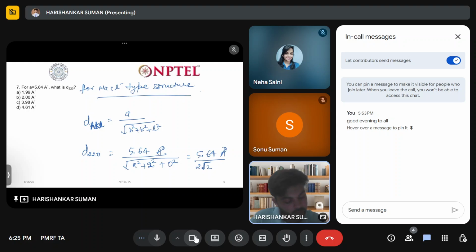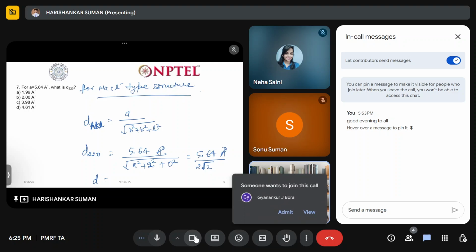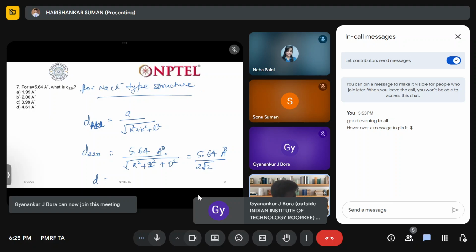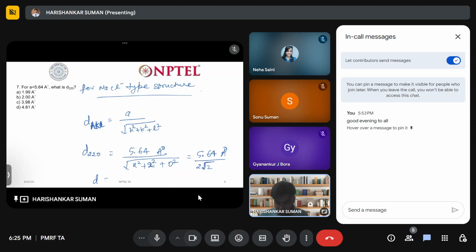So now, 8.64 divided by 2 root 2, it would be around 2 angstrom for d220. So the interplanar distance for this NaCl type FCC for the 220 plane would be 2.